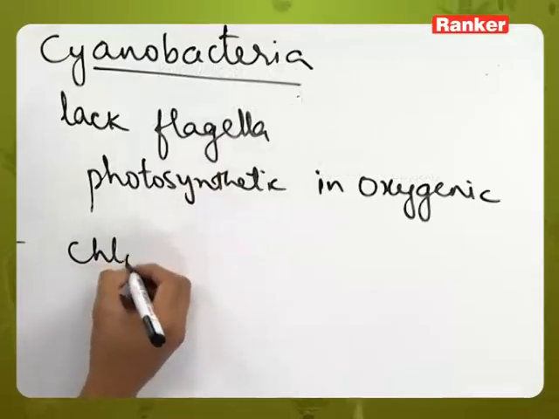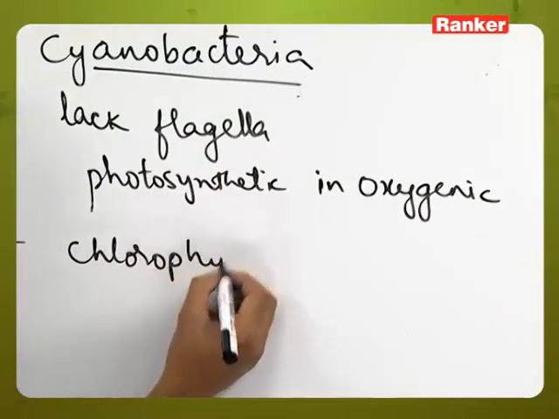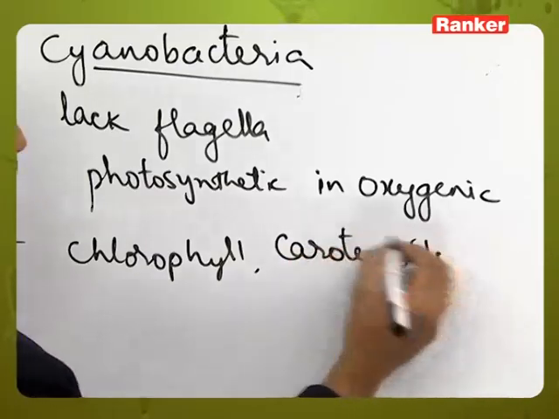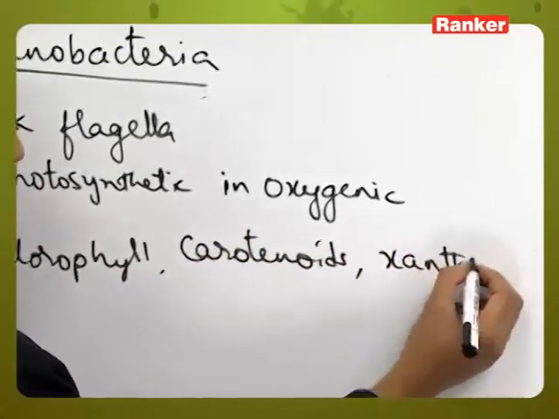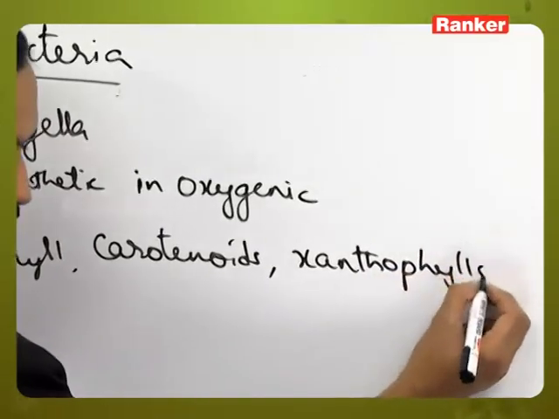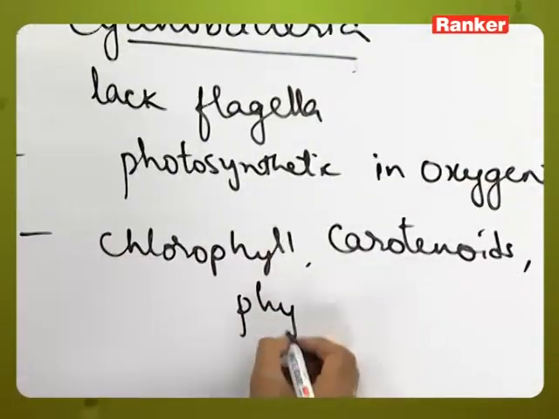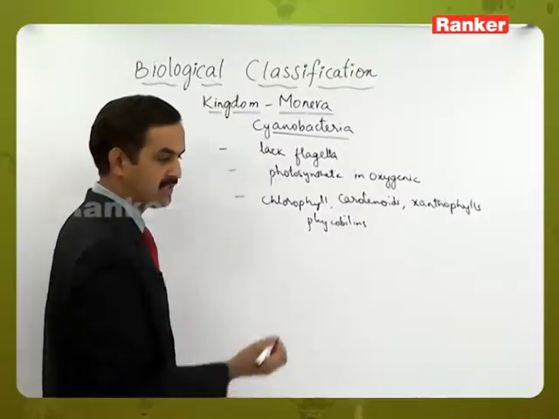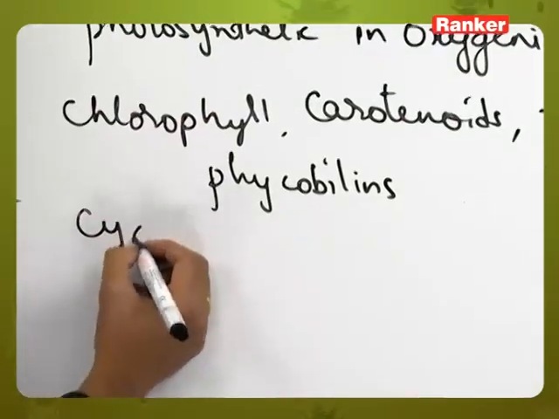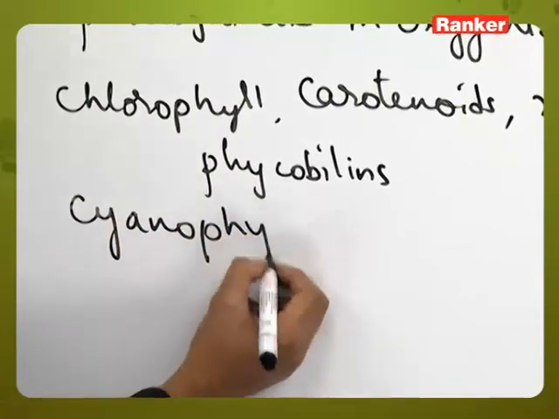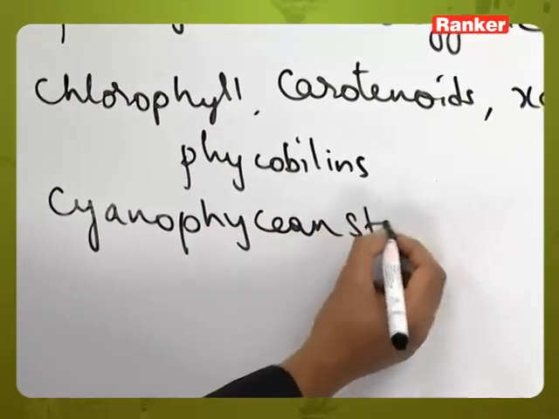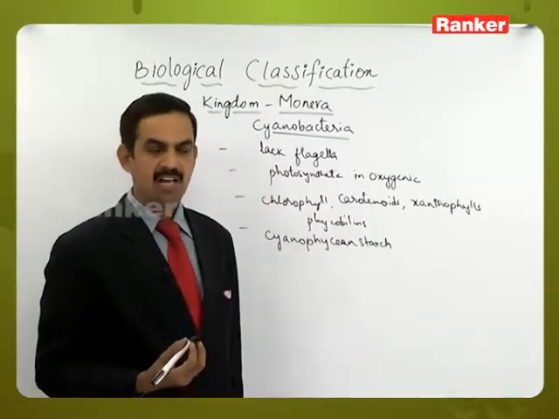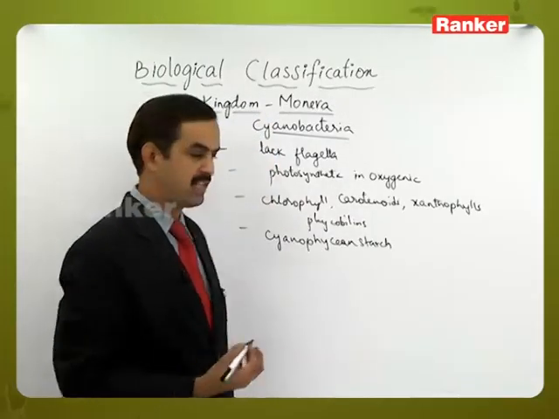They have chlorophyll, carotenoids, and also xanthophylls. Apart from that, they have a unique type of pigment called phycobilins, and they have cyanophycean starch as the reserve food material, whereas in bacteria they have glycogen as the reserve food material.